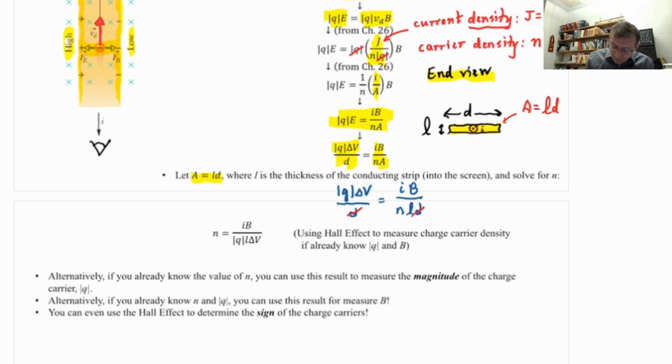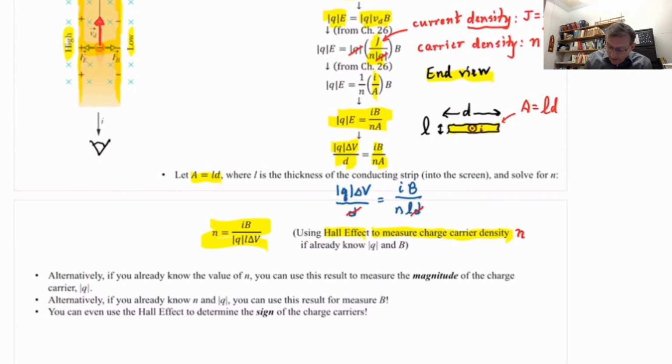Okay? When you do that, you get N equals IB over absolute value of Q, L, delta V. And what you've got is a way then, using the whole physics of what's going on here, which is called the Hall effect. And so we're using the Hall effect to measure the charge carrier density, little n.